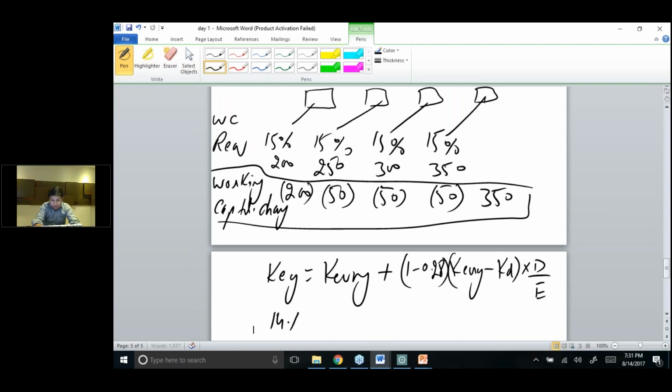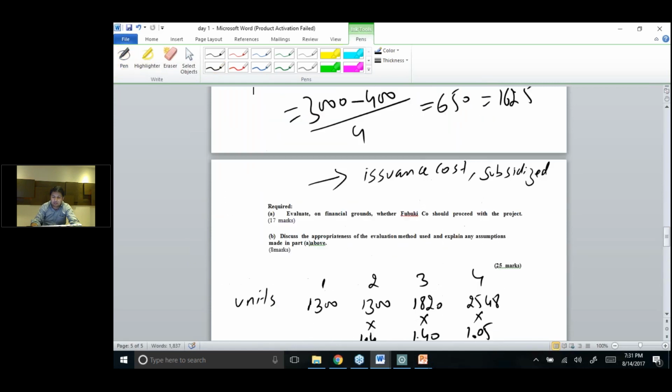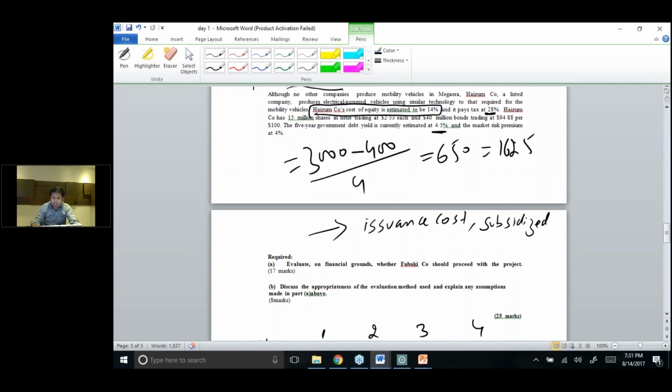So this is 14%. This is what we are going to calculate. This will be 0.72. This is the X factor. KD is not given. Proxy KD is not given. So we are assuming that its KD is equal to the risk-free rate, that is 4.5%.